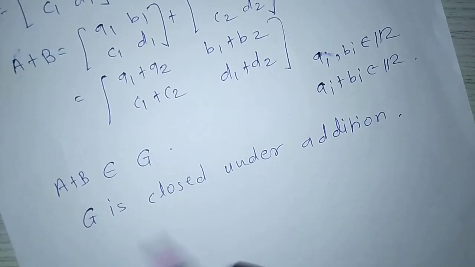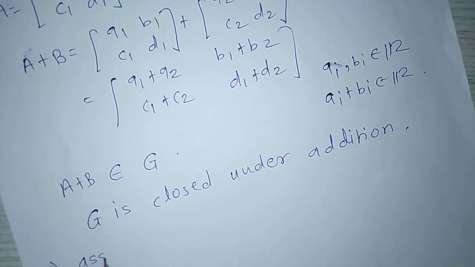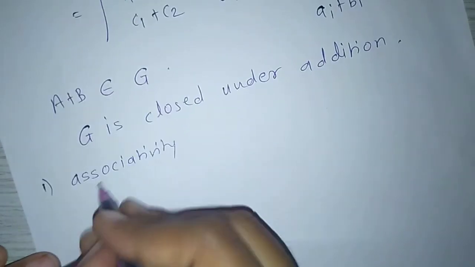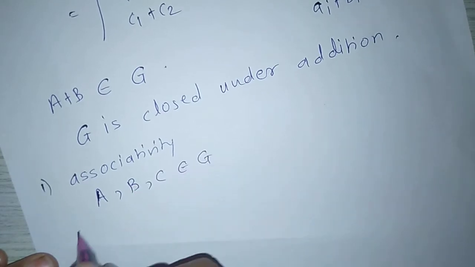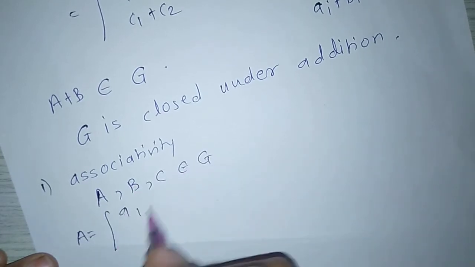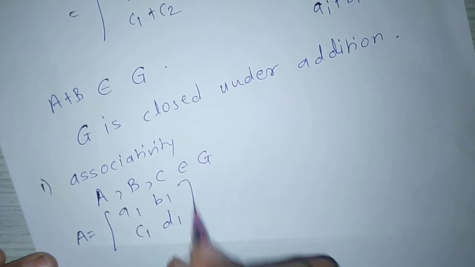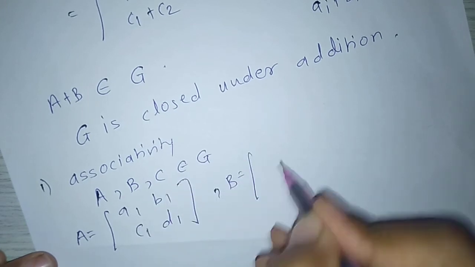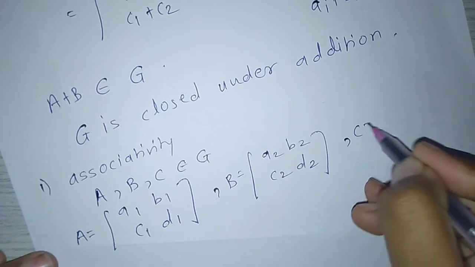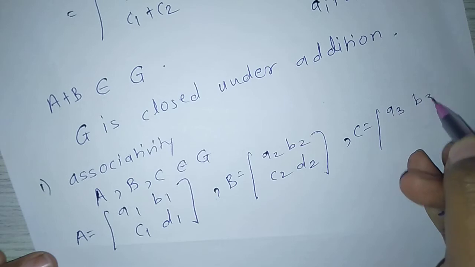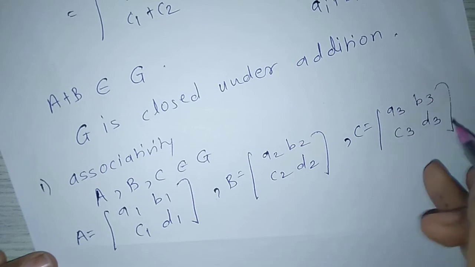Next, associativity. Take three matrices of G: A equal to [a1, b1; c1, d1], B equal to [a2, b2; c2, d2], C equal to [a3, b3; c3, d3].